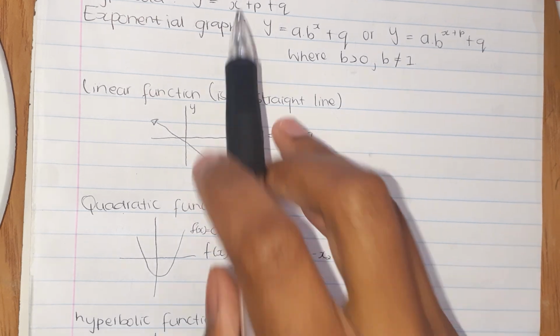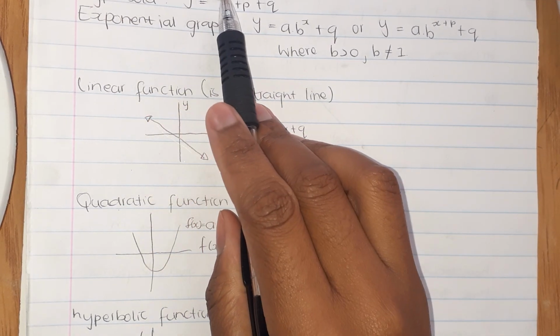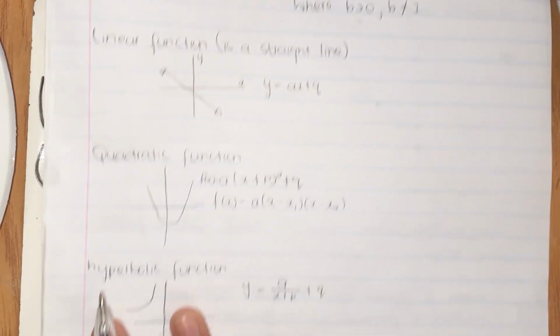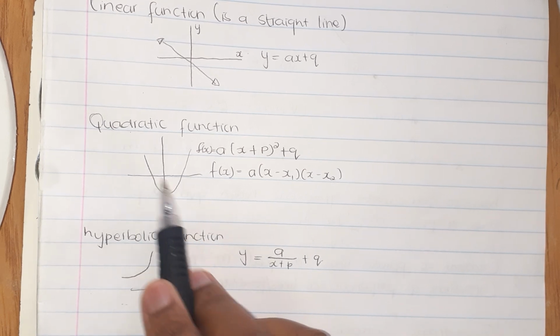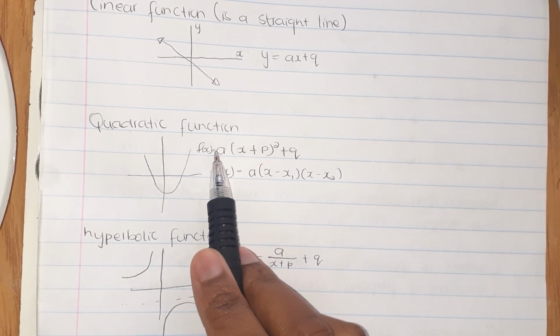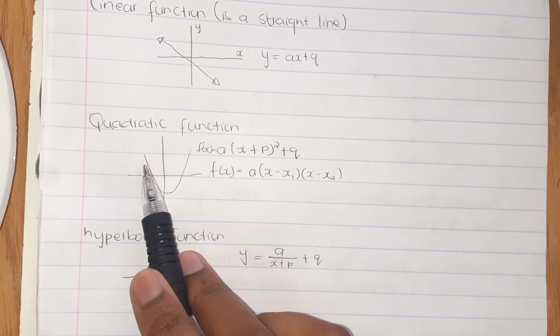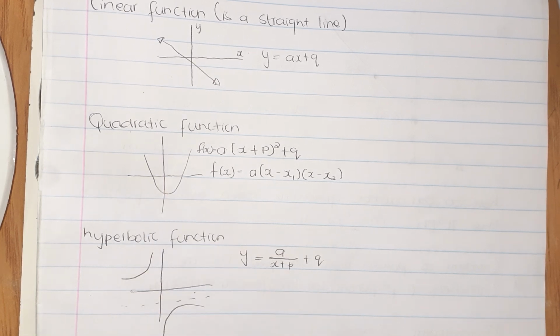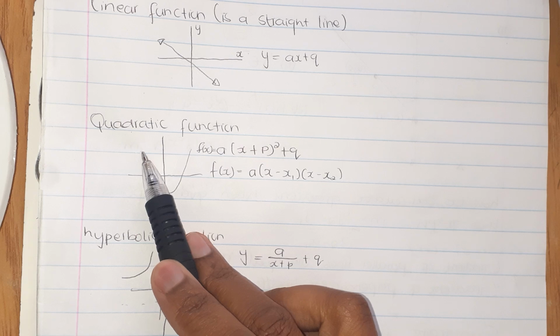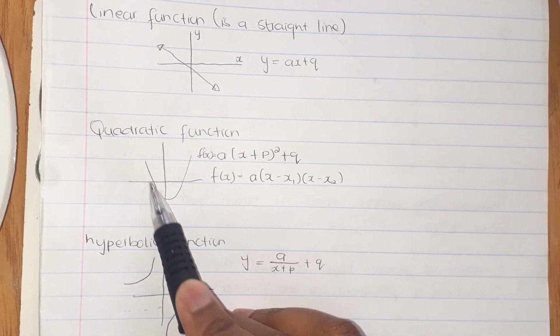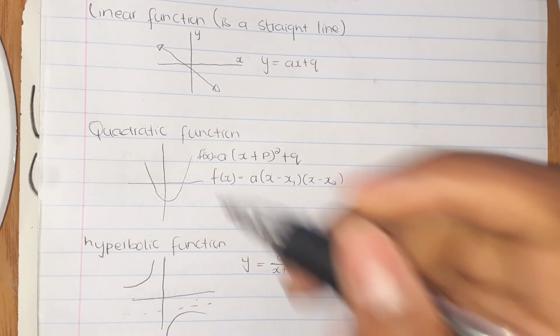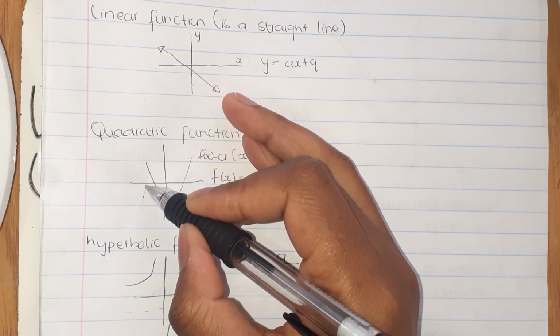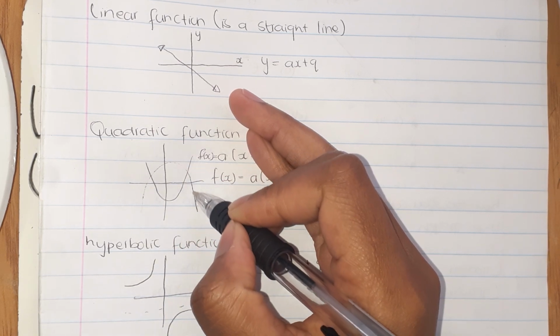And what you have to know here with a parabola is that this is a function for a parabola. This is the graph. When a is negative, this parabola is going to be a sad one, right? So this one is happy, which means a is positive. When a is negative, the graph is going to face downwards.